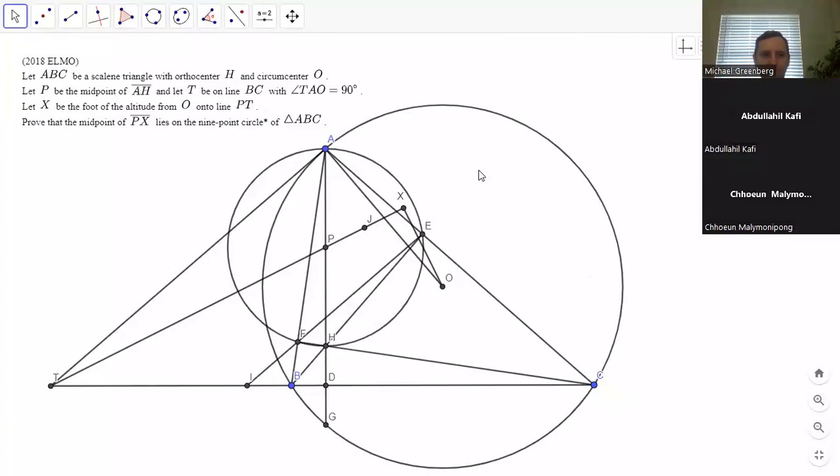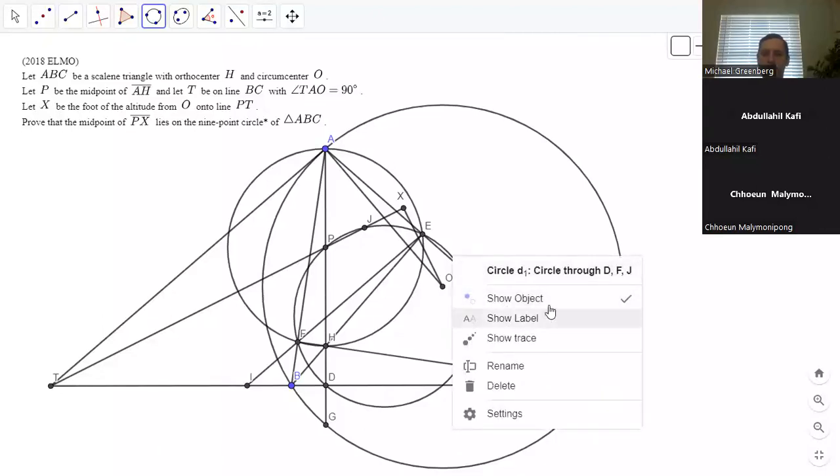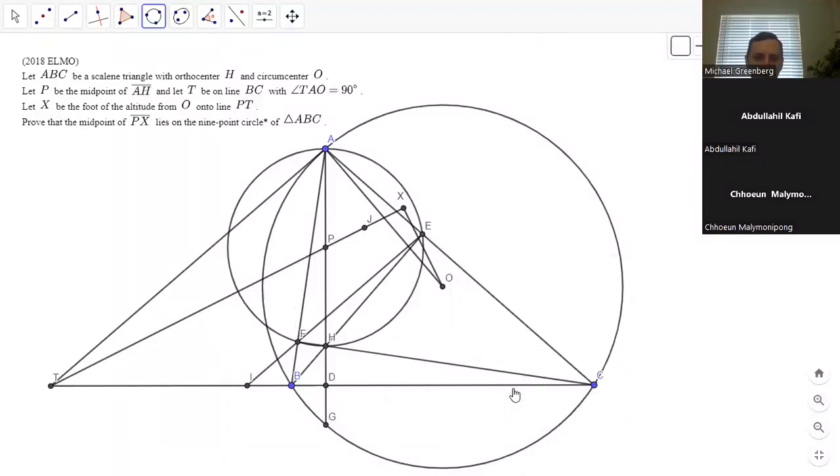So we want to show that DFJE is cyclic. And it looks like P, well, we know P lies on a 9-point circle. So we know D, F, P, and E are cyclic. You just need to show J lies on it. That's interesting.